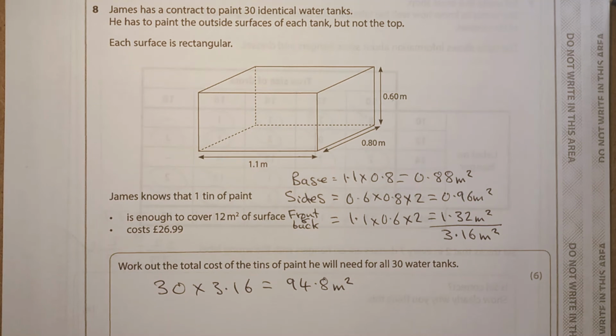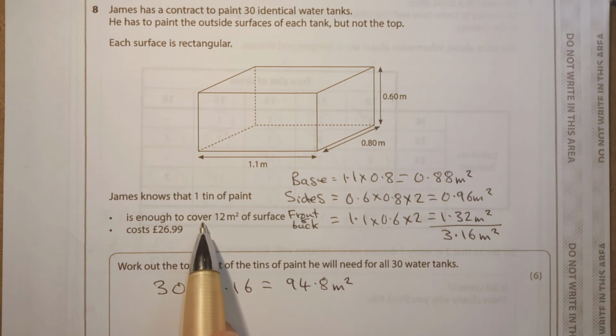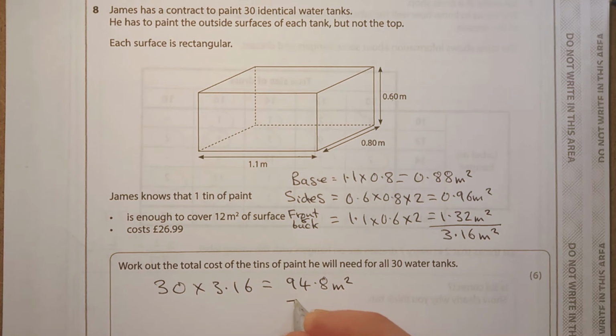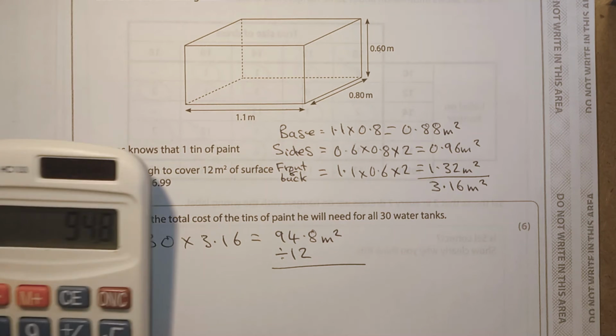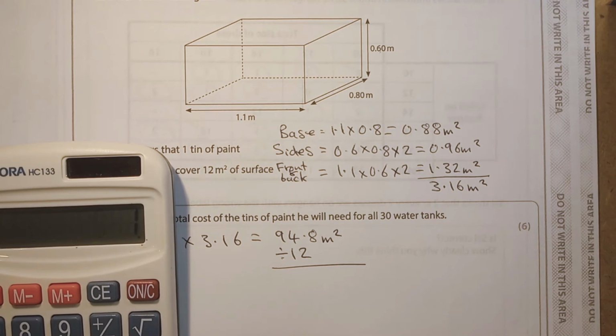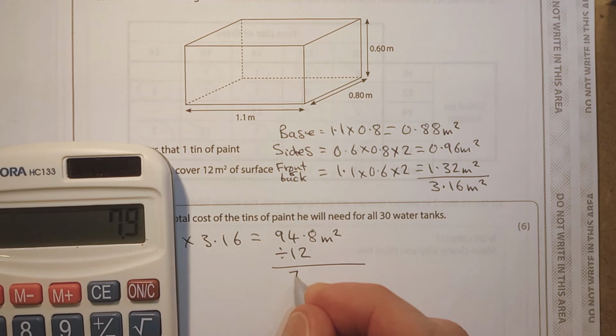Well, we also know that 1 tin of paint is enough to cover 12 metres squared. So we want to divide this by 12, and it's going to tell us how many tins of paint we need. So 94.8 divided by 12, 7.9 tins.